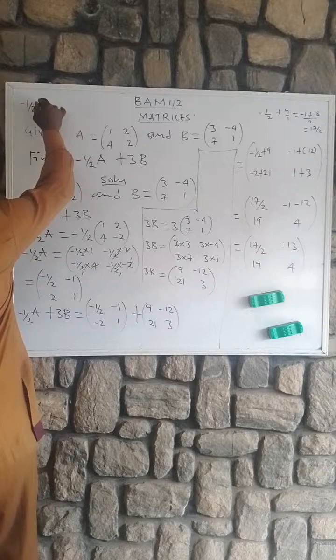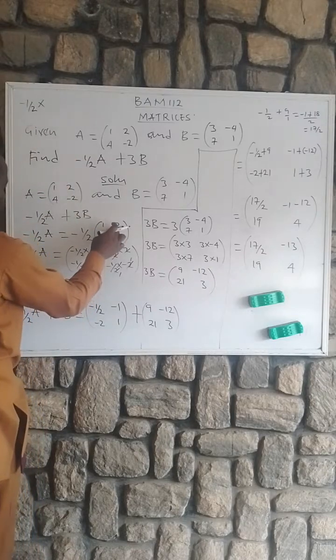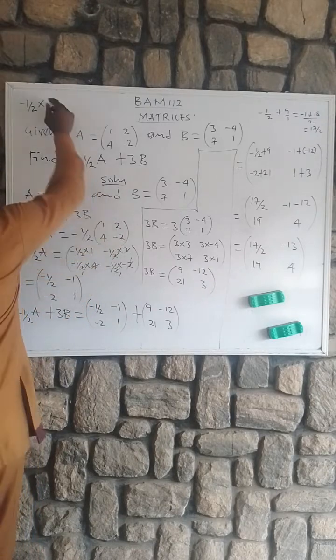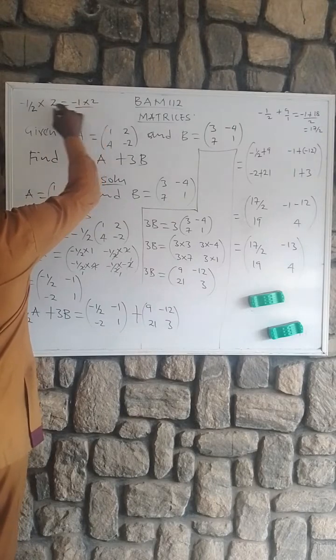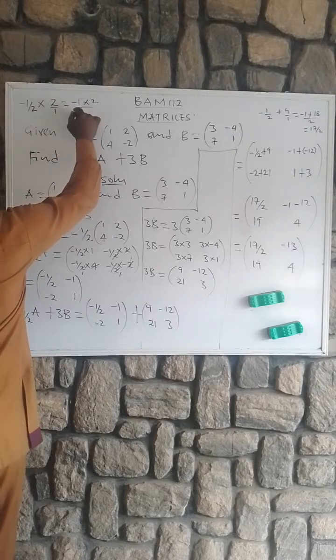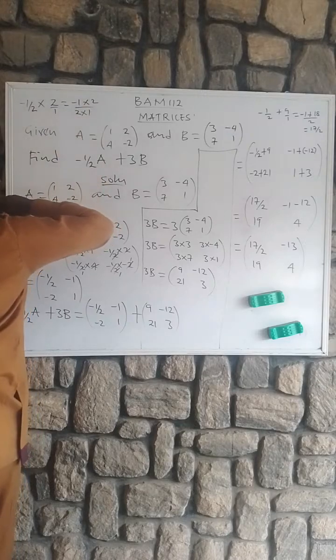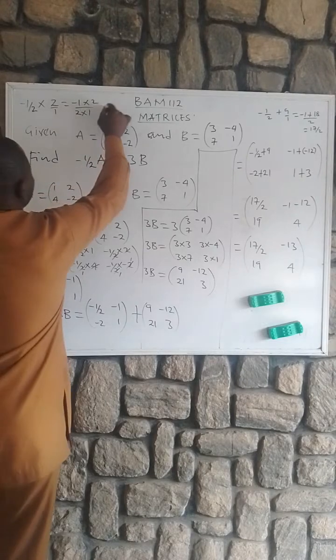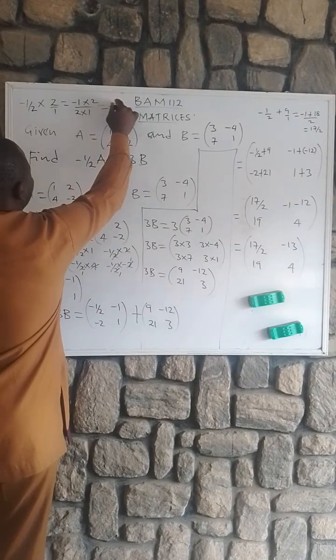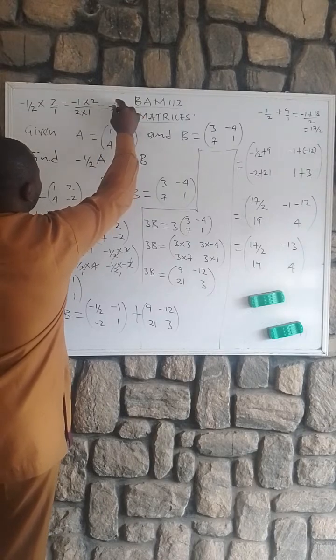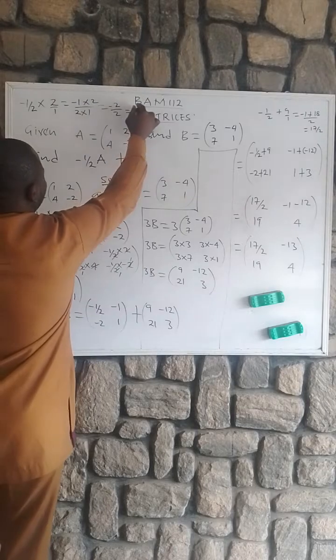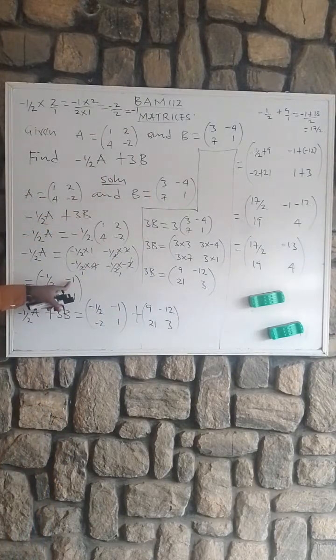Minus 1 all over 2 times 2 means minus 1 times 2 all over 2 times 1, because there is an invisible 1 here. So you have minus 2 all over 2, which is minus 2 divided by 2, that is minus 1. So this is the reason why we got minus 1 here. Do you understand?